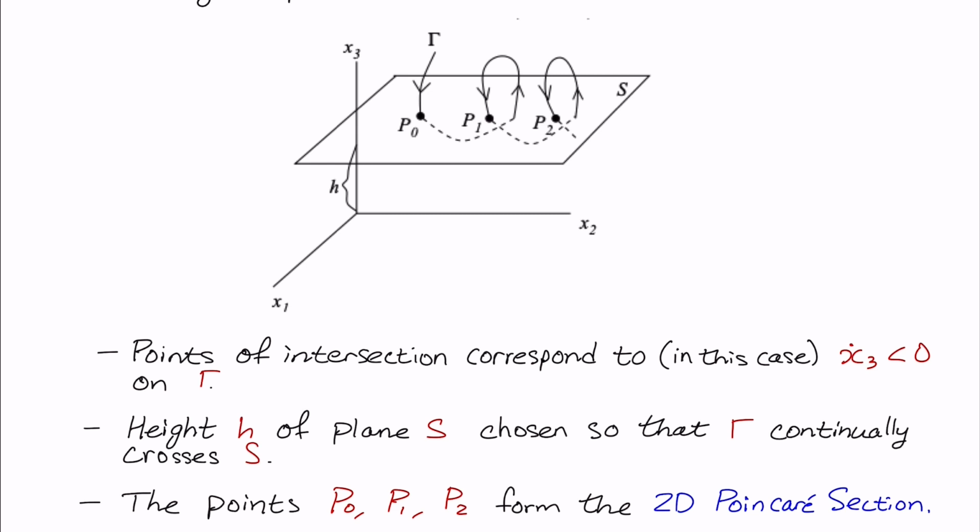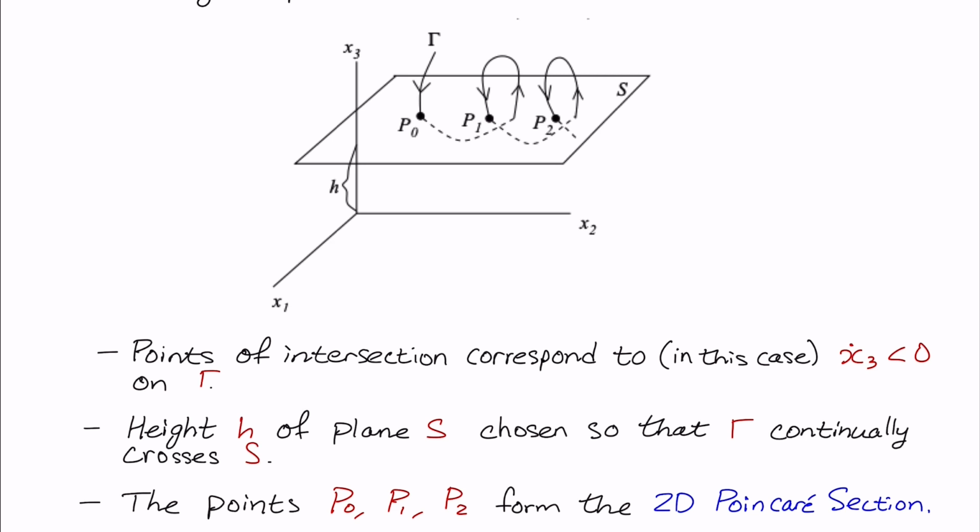If we chose h to be sufficiently large, we could create a plane that the flow never intersects, or potentially a flow only intersects once or twice, depending on the dynamics of the system. So the proper choice of h, or the proper positioning of this surface, is really important.